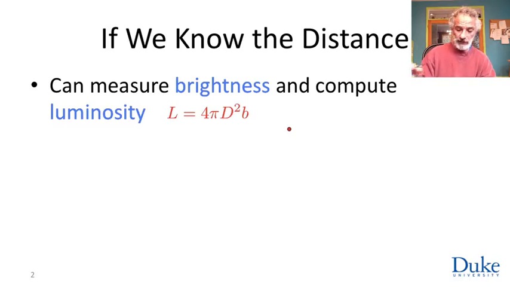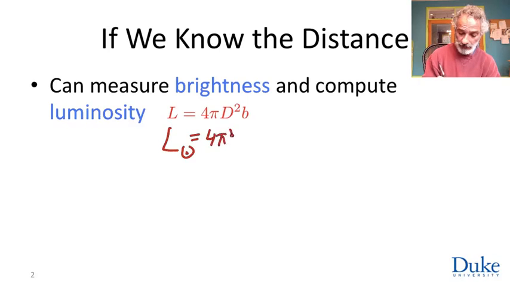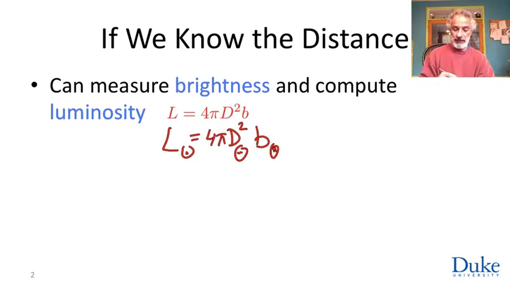This is one form to write the equation. A more convenient form is to scale it to something known. In other words, this same equation holds for any star. In particular, it holds for the sun. The advantage of writing it this way is, if I divide the left-hand sides and set that equal to the ratio of the right-hand sides, first of all, the 4 pi's and whatever constants are sitting around cancel, but more usefully, I now get a product of dimensionless quantities.